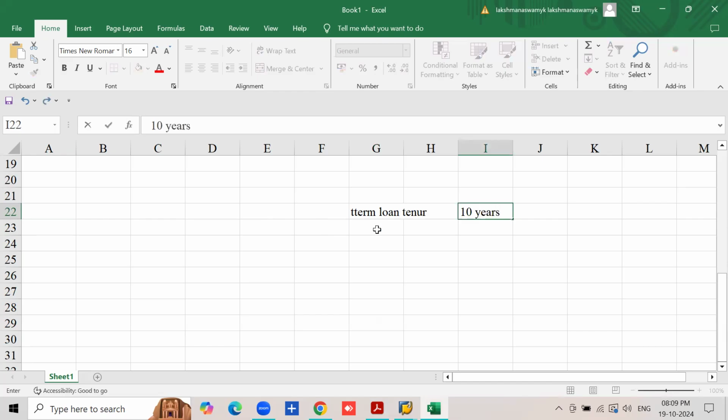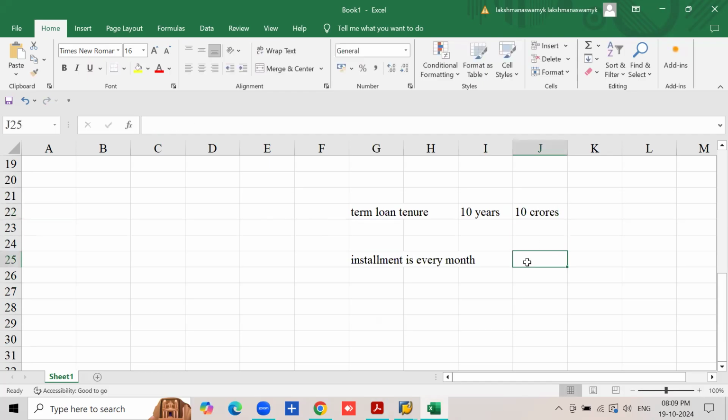When you take a term loan, you have to repay it. The installment is to be repaid every month. Say you have taken 10 crores for 10 years, and the installment is 12.5 lakh every month.